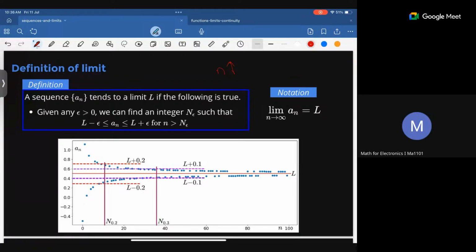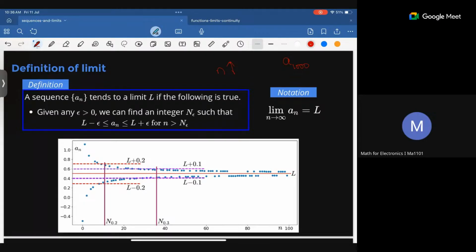We start from the first term, second term, third term, fourth term, and once you reach the 100th term, it feels like 100 terms you have observed. Then when you reach the 1000th term, and as n increases still from 1000, what is happening to my sequence terms?